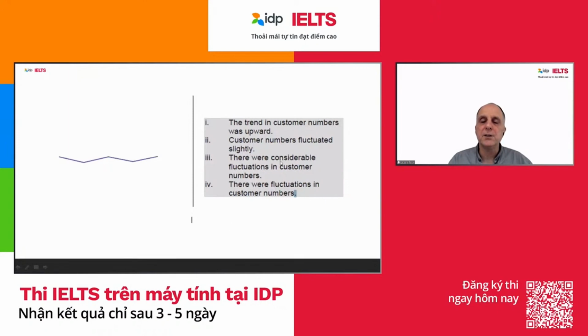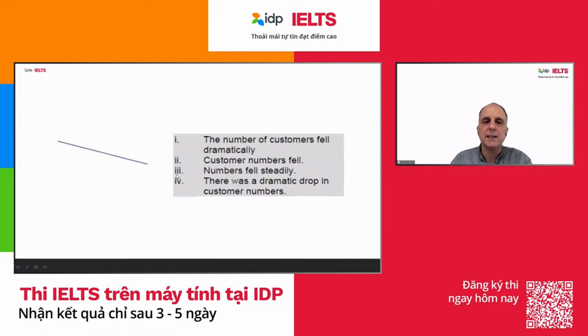So number 2 is the best one. Customer numbers fluctuated slightly or slightly fluctuated. We can also talk about fluctuation in numbers. Number 4 is okay, that's fine. But once again, 2 is better for that one. Very quickly to the next one.